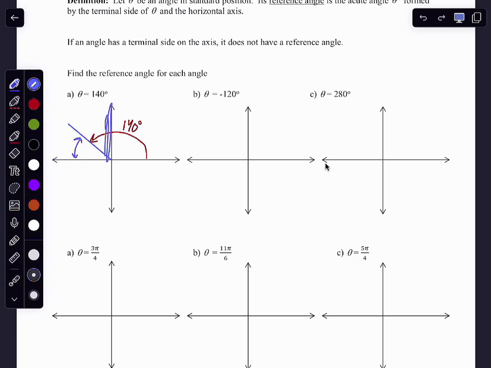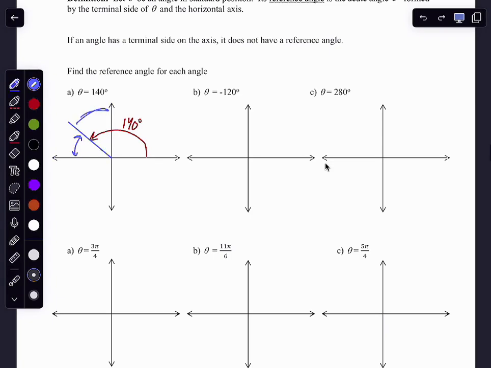So not towards the y-axis. So not this one, ever. The shortest path to the x-axis. How many degrees would that be? Yell it out. 40. So that's the reference angle for this, 40 degrees. And that's always between 0 and 90, or in radians, 0 to pi over 2.